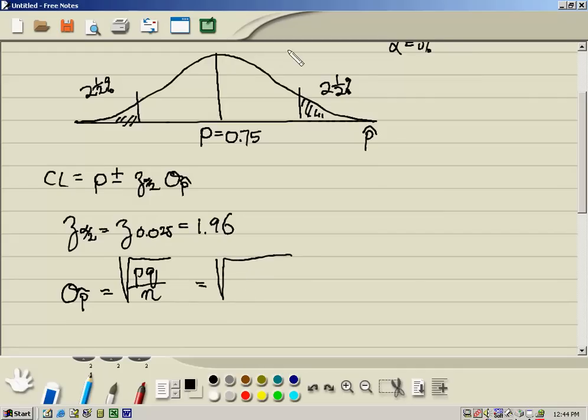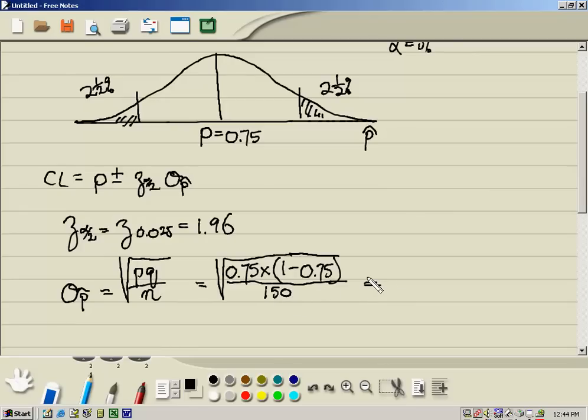P is 0.75, q is the complement, 1 minus 0.75 or 0.25, divided by the sample size of 150.